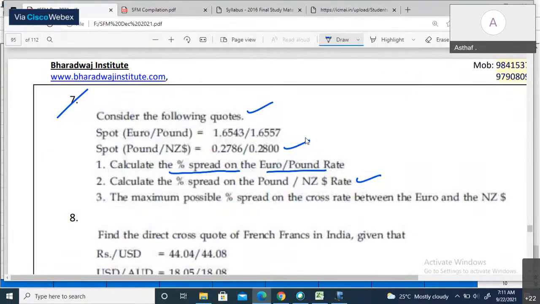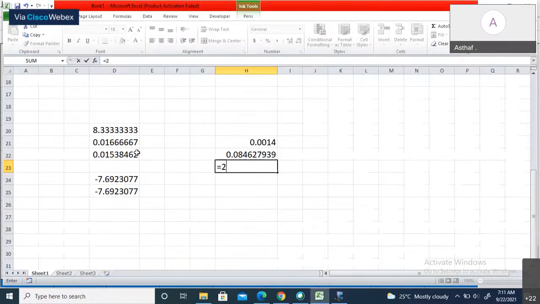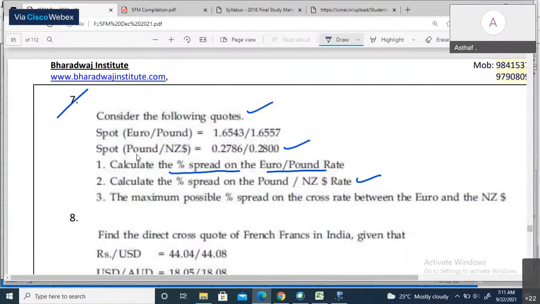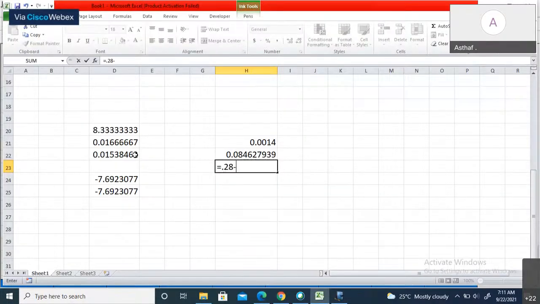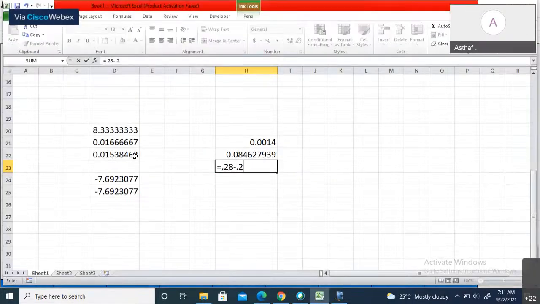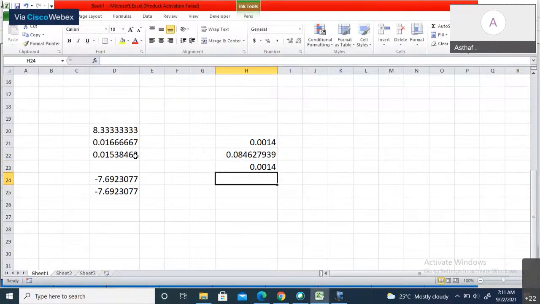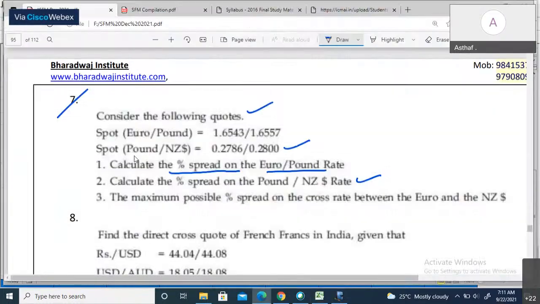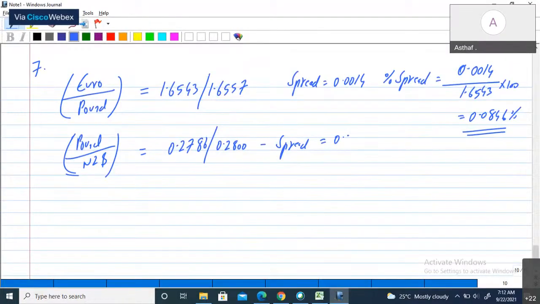What is the spread? The spread is 0.28 minus 0.2786. Here also I get the same number, 0.0014.